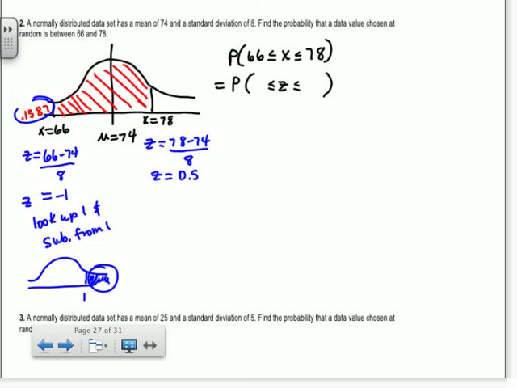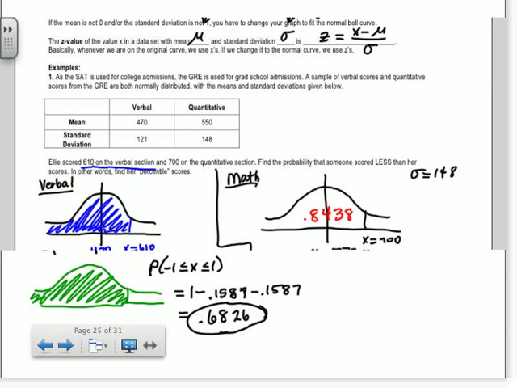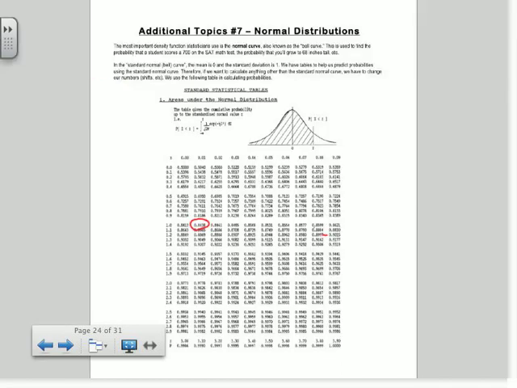All right, so we got that part. How do I get this other little part? Yeah, look up 0.5 and subtract from 1, right? So if I go back to 0.5, 0.500 is 0.6915.